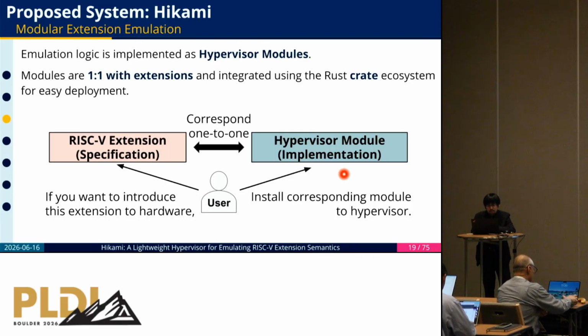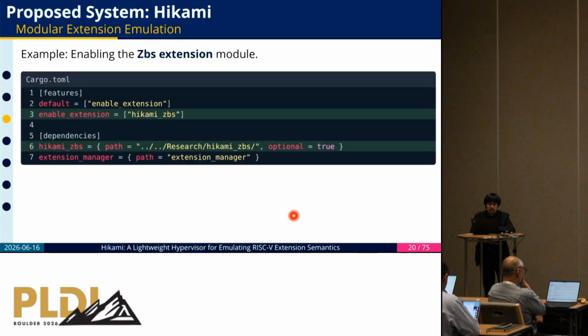Emulation logic is implemented as modular hypervisor modules, corresponding one-to-one with RISC-V extensions and integrated using the Rust module system. For example, supporting the Zbs extension requires only adding 2 lines to the configuration file.